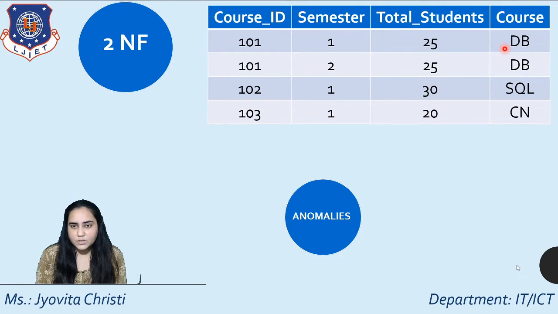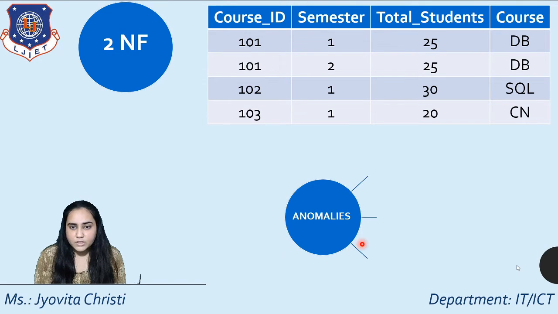Now imagine that you have several semesters of different branches and everybody studying the same course. Then this table would have the same course name being repeated several times. This redundancy causes problems, and these problems are known as anomalies.